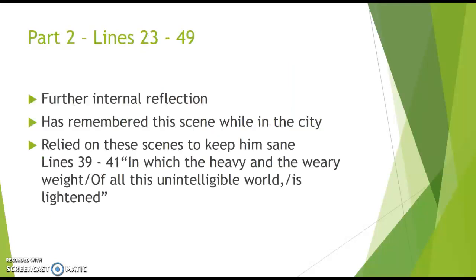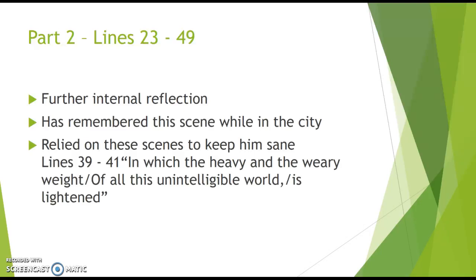Part 2 is more internal reflection, and he says that he hasn't forgotten this scene of nature while he's in the city. He says it is not as is a landscape to a blind man's eye. So he did keep this in his mind, even though he wasn't actually physically seeing it.